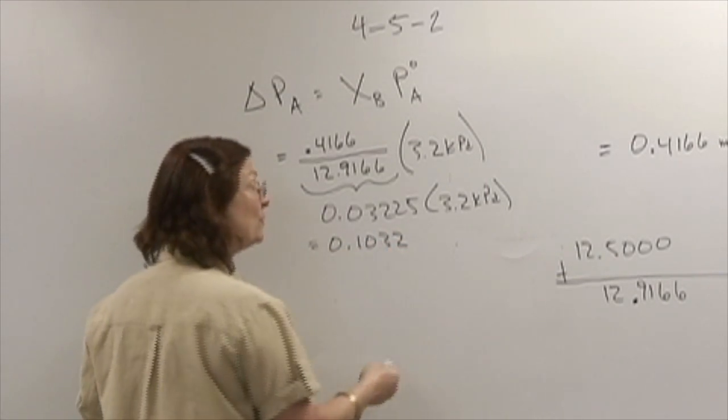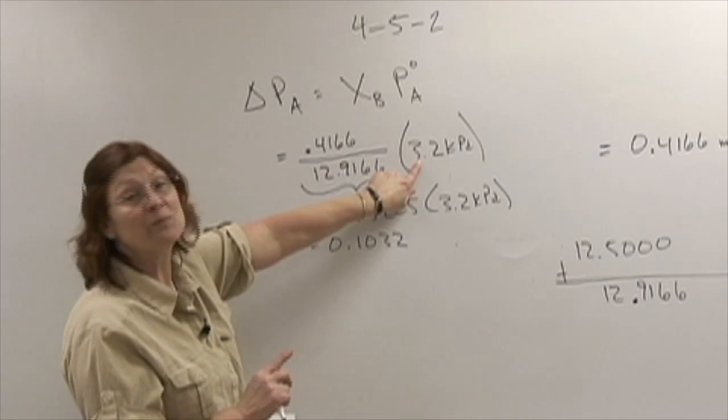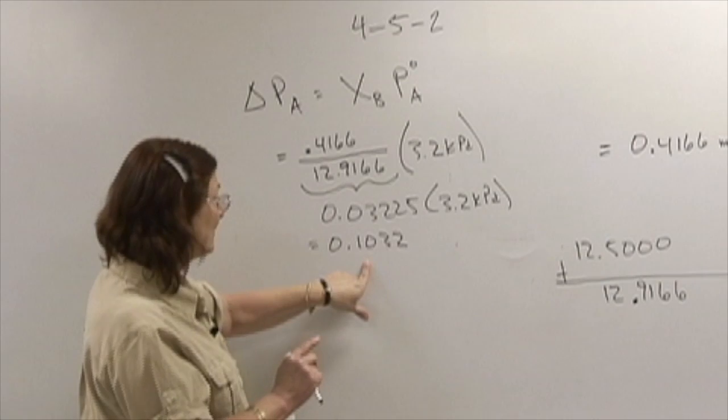0.1032. Now, we have the vapor pressure is lower, and we originally had 3.2. It's dropped by this amount.